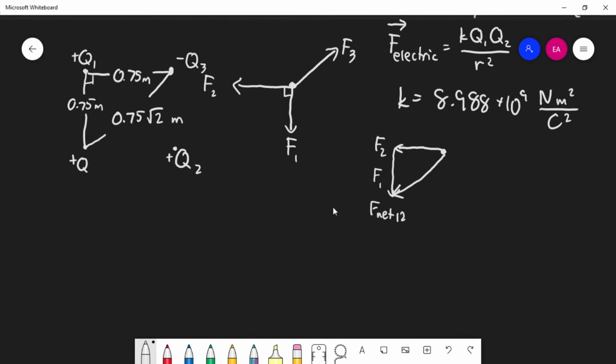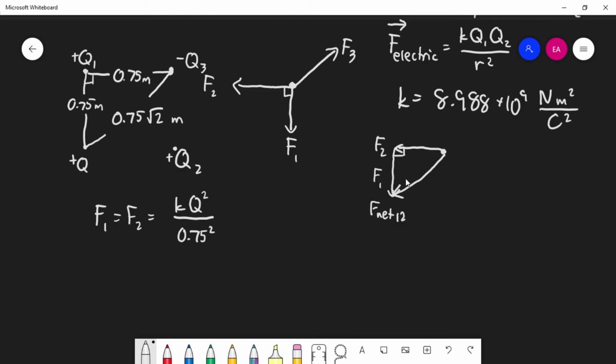So since they're equal, F1 is equal to F2, which is equal to kQ squared. I'm saying Q squared because all of them are equal, divided by 0.75 squared. Now that would be the legs of the right triangle we have here.